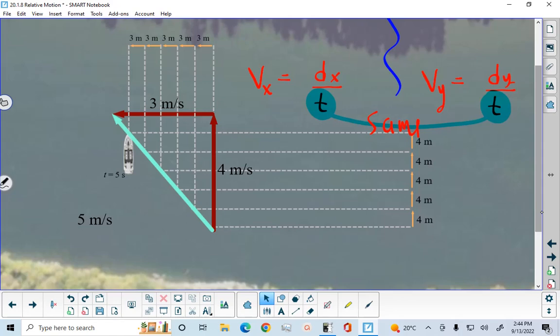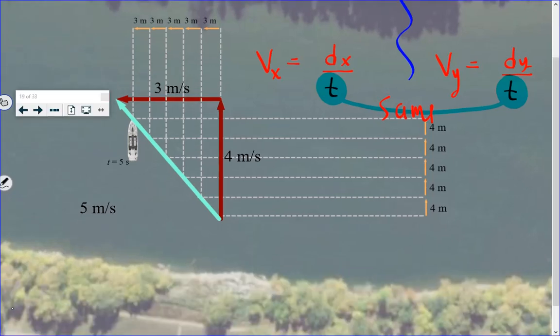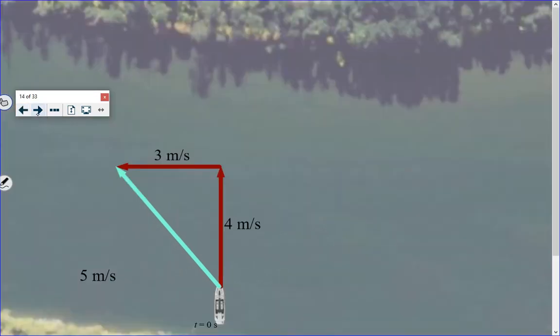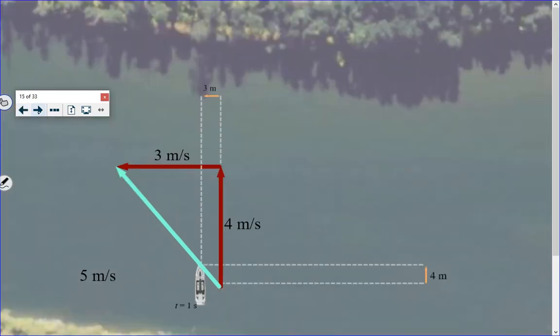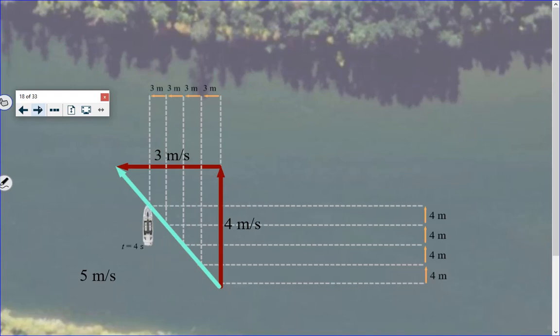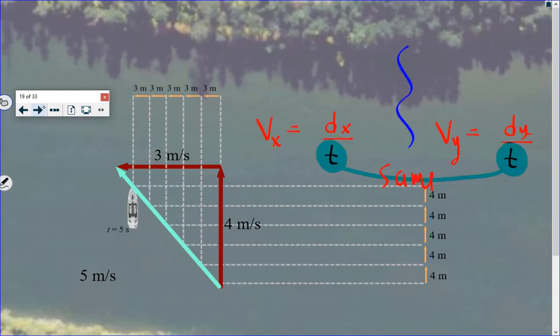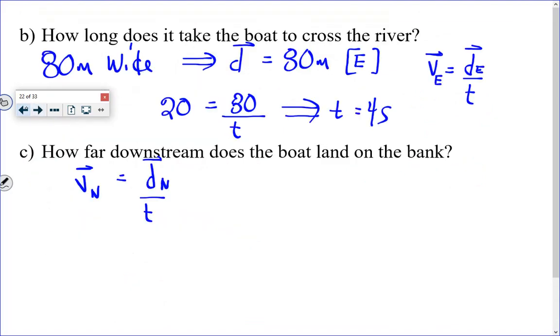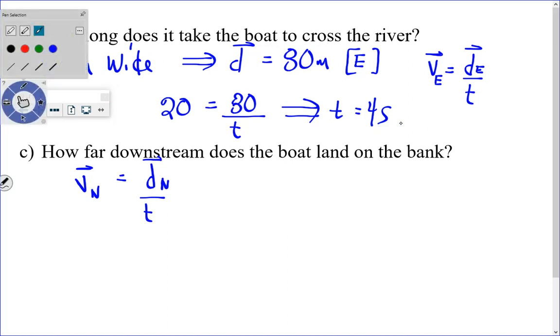It really is traveling along that blue line. If you take a look, going back to t equals 0 seconds, there it is at t equals 0. It's traveling along this line continuously. So it travels at 4 meters per second and 3 meters per second at the same time. And that's why we are allowed, getting back to this question, to take this 4 seconds here and put it in our other equation.